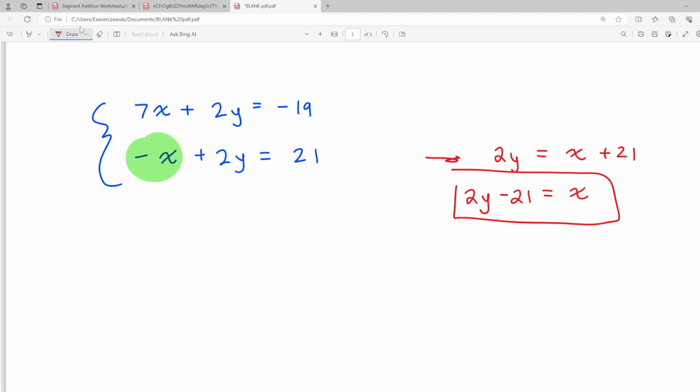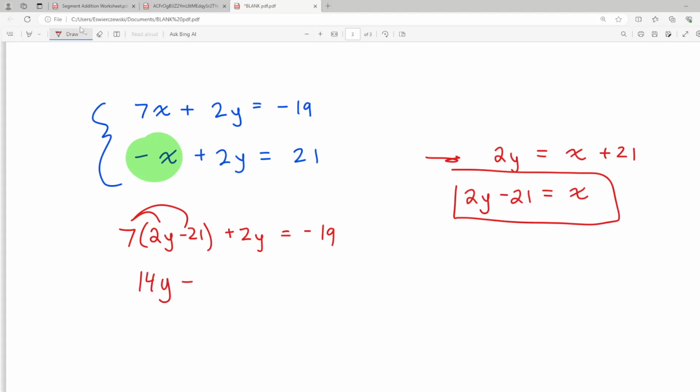We can then take that and plug it in to the top equation. So 7x, I see an x, I'm going to write 2y minus 21, plus 2y equals negative 19. Now we would distribute. 7 gets distributed. 7 times 2 is 14.